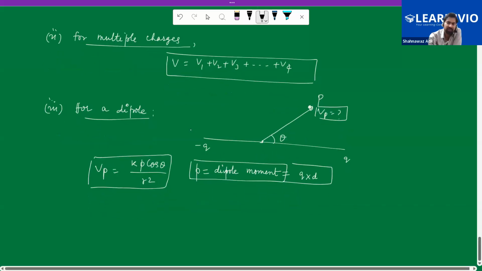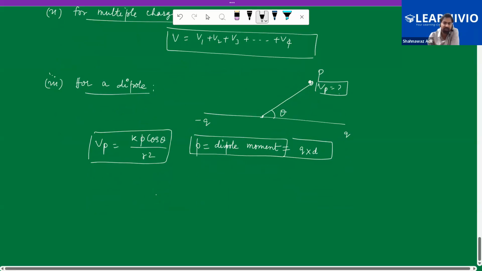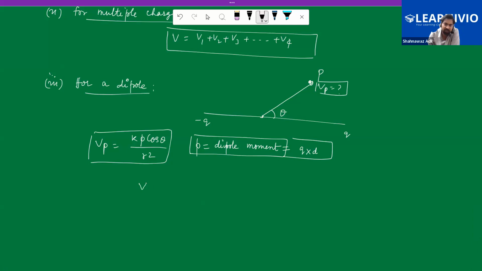Can you guys tell me what would be the potential at an axial point? What would be V axial? What would be V equatorial? Using this, can you tell me? So for V axial, what is theta at this point?